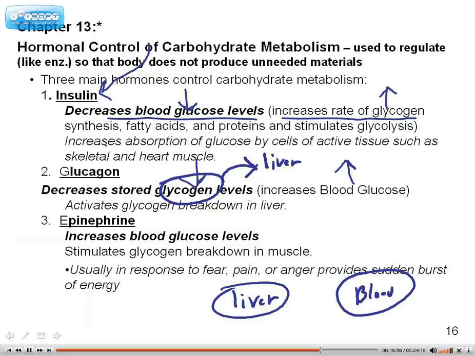So again, insulin will decrease the glucose which is found in your blood because it transports it and synthesizes the glucose into glycogen, which is found in your liver.